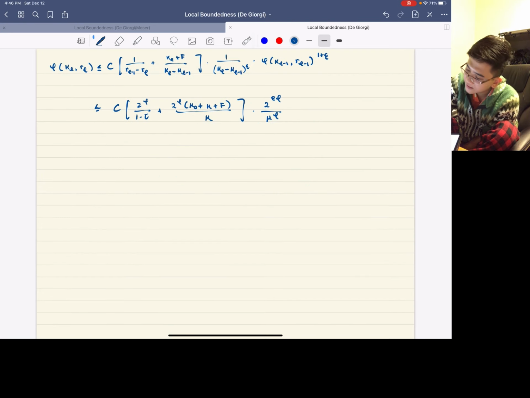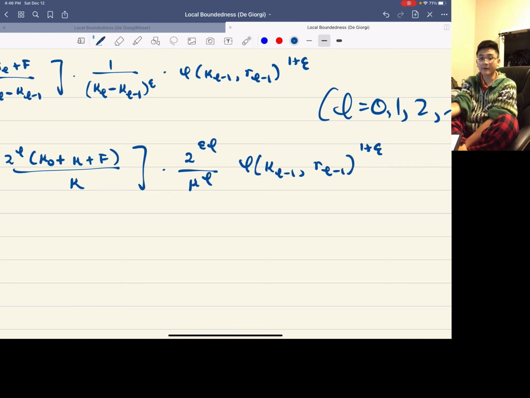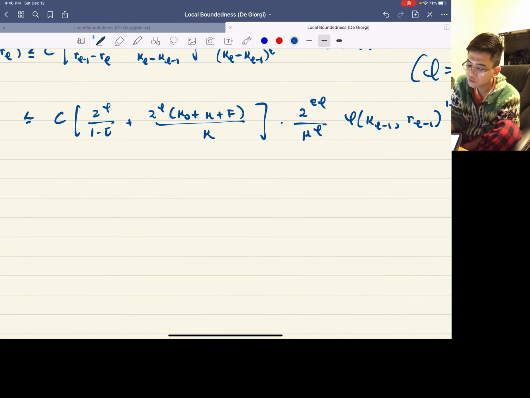Note that here L is from 0, 1, 2, and so on. Times phi of, what do I have here? K to the L minus 1, R to the L minus 1 raised to 1 plus epsilon. Okay? Let's factor out the 2 to the L, and then this is just algebra.